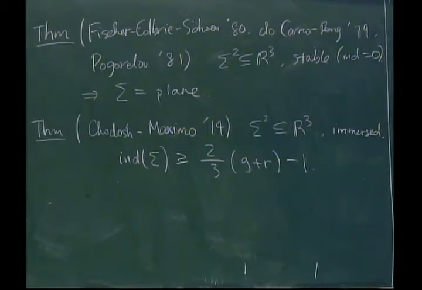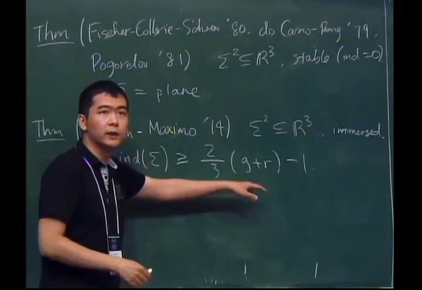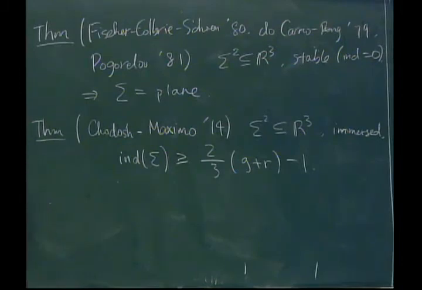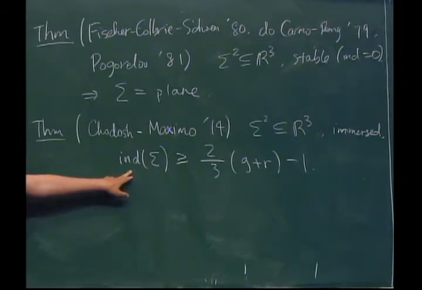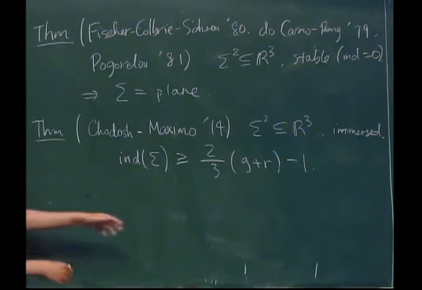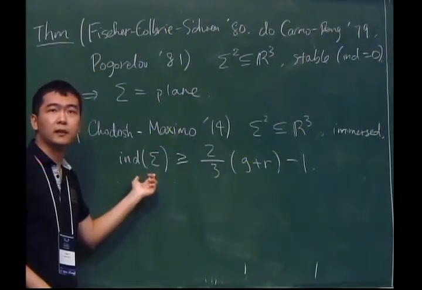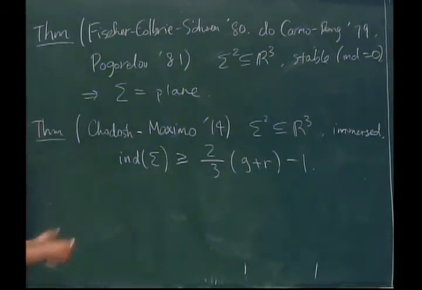This result is quite a good result. For example, it tells us that for 2-dimensional surfaces, the genus and the number of ends uniquely determine the diffeomorphic type of the surface. So this theorem implies, in particular, that for a given index, there are only finitely many diffeomorphism types of minimal surfaces with that index upper bound.